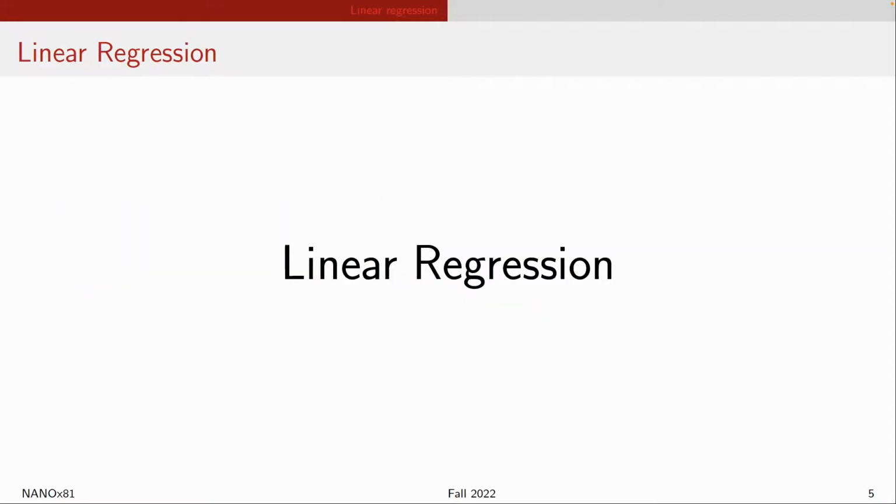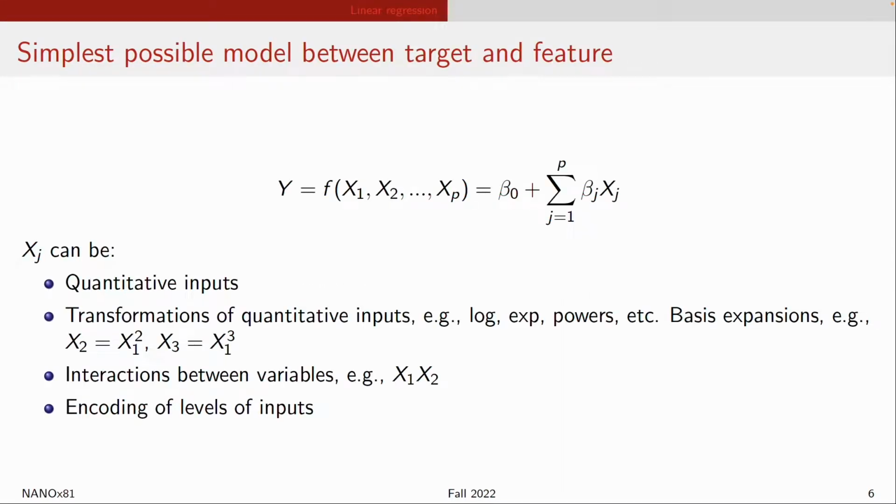All right, let me start with the thing that all of you know and love so well. Everyone has done this in some form, which is linear regression, right? So a linear model is essentially the simplest possible model that you can develop between a target and a feature, right?